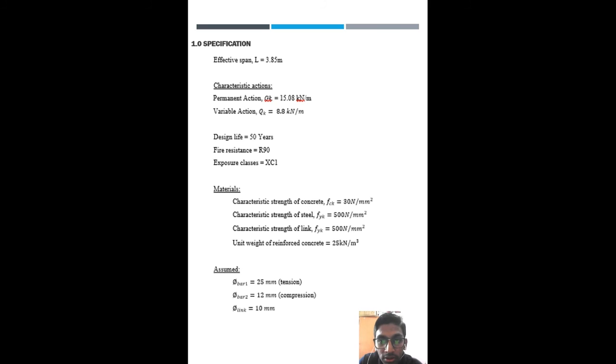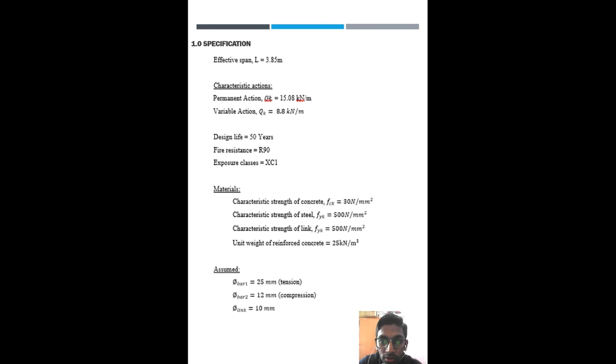Materials: characteristic strength of concrete, FCK, is 30 Newton per millimeter squared. Characteristic strength of steel, FYK, is 500 Newton per millimeter squared. Characteristic strength of link, FYK, is 500 Newton per millimeter squared.